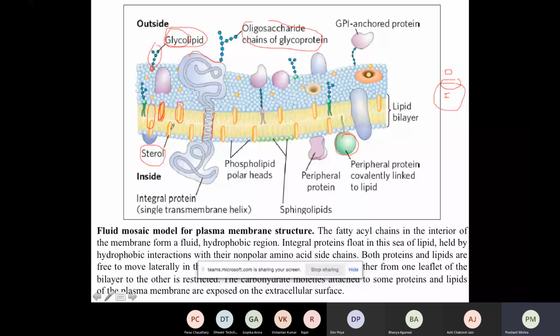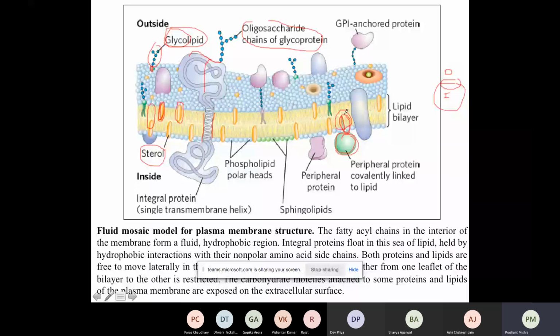Now, looking at the protein, what type of protein do you have? You have two major types of protein. One is integral protein, another is peripheral protein. Both integral and peripheral proteins are attached to this part of the membrane, in most cases by non-covalent assembly, but some of the peripheral proteins can also be attached by a covalent linkage.